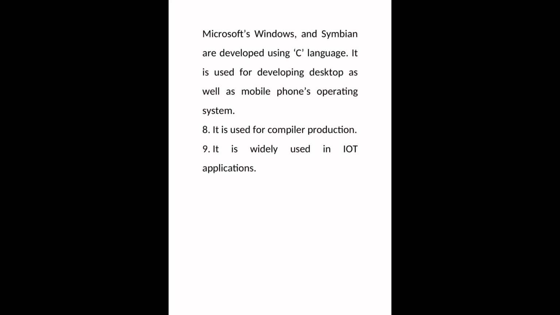Ninth, it is widely used in IoT applications. IoT means Internet of Things. Internet of Things is a network connected with peripherals or software applications which are used to connect one computer to another computer on the internet.